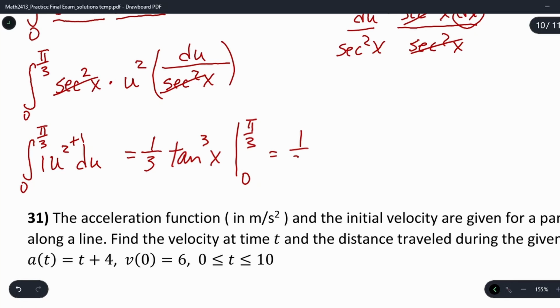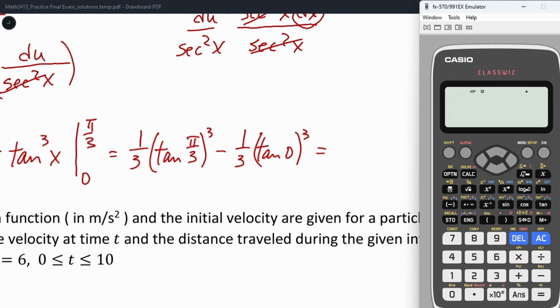That's going to give us 1/3 tangent of pi over 3. I'm going to write it like this: quantity cubed minus 1/3 tangent of 0 quantity cubed. And then we can simplify this expression using the Casio.